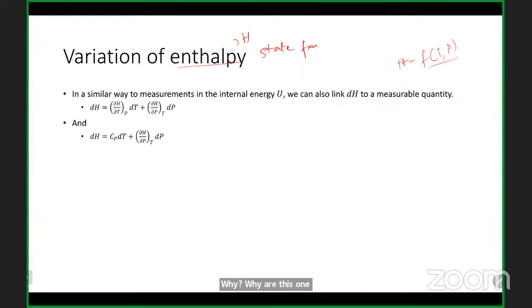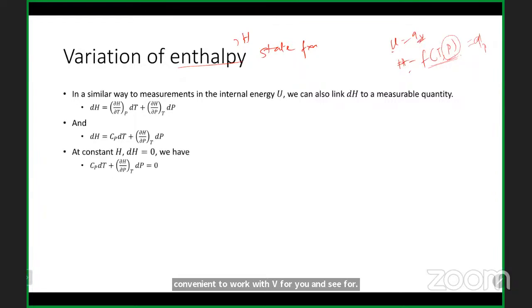H is often measured at constant pressure, and that's why, remember, it's equal to Q at constant pressure, while U is Q at constant volume. So it's convenient to work with V for U and P for H.